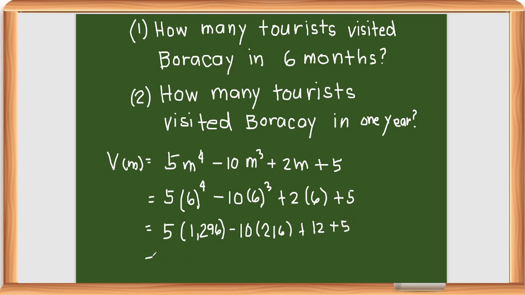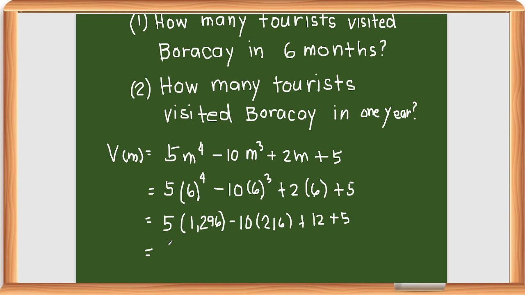So, it is equal to 5 times 1,296, which is 6,480, minus 10 times 216, which is of course 2,160. It's easier when multiplying by 10, right?